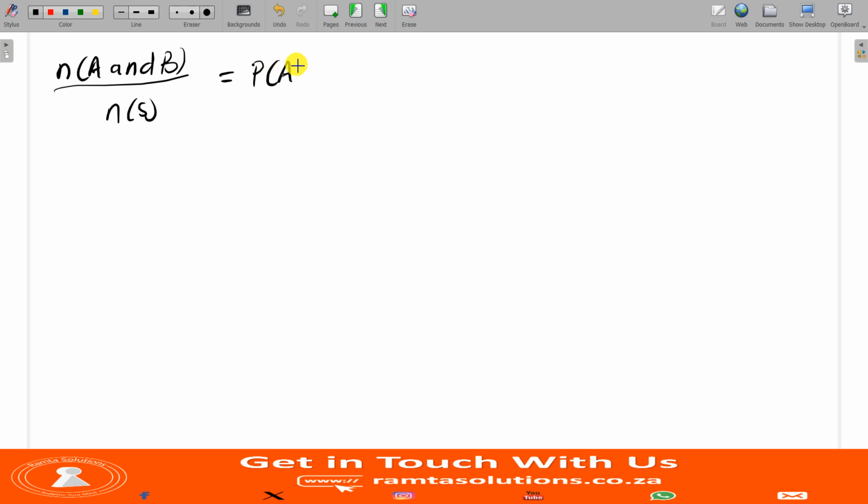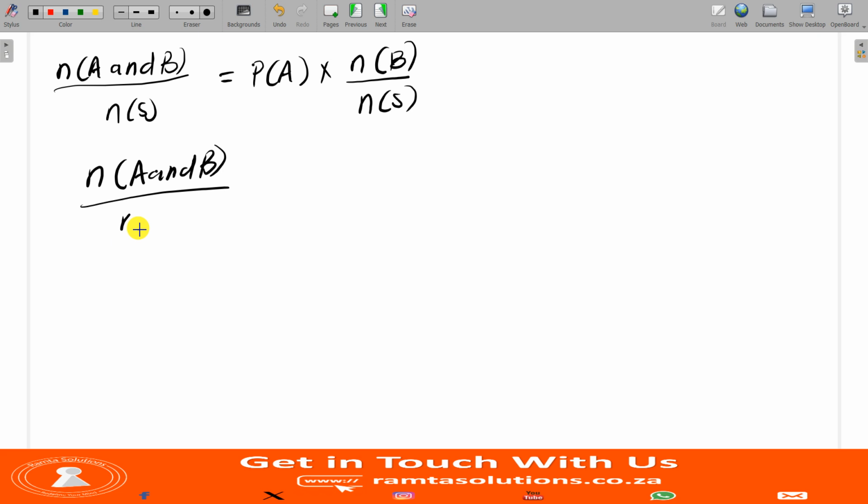What is probability of B? Probability of B will be the number of outcomes of event B over the sample space. So we are looking for probability of A. This is the number of outcomes of A and B over the sample space.